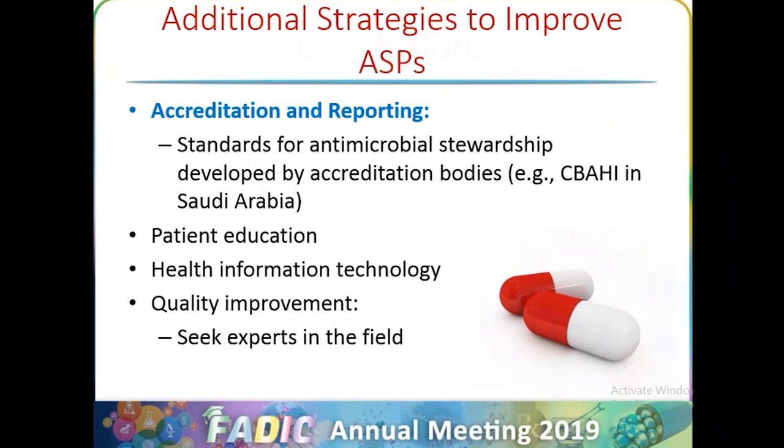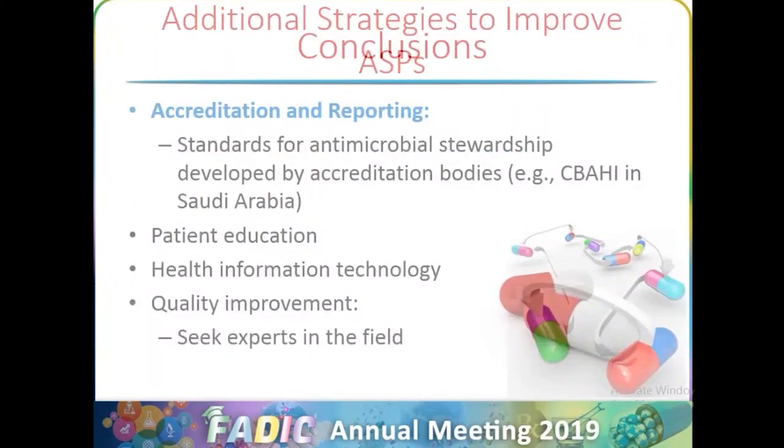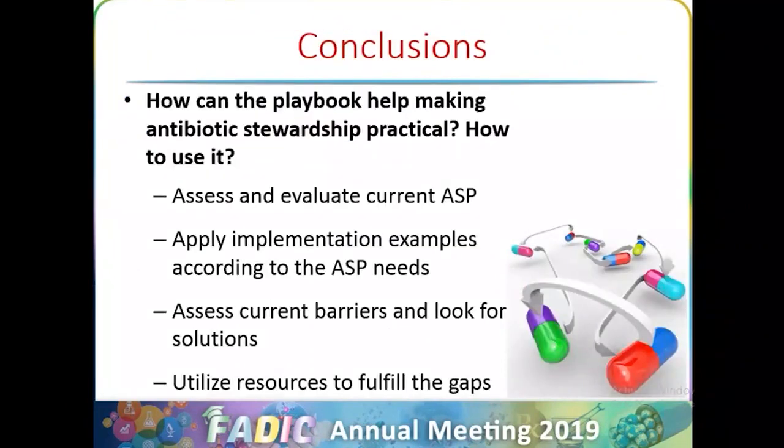The playbook, in very easy language, provides an assessment and evaluation of a current antimicrobial stewardship program after you establish one, and then applies implementation examples according to your program's needs. It also provides information about some potential barriers and how to look for solutions, and finally utilizes resources to fulfill these gaps.